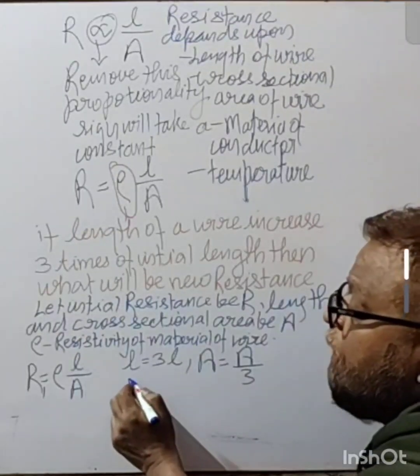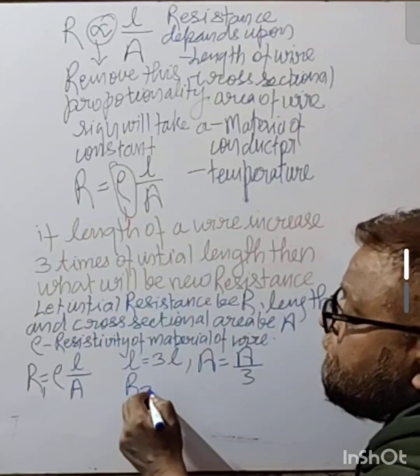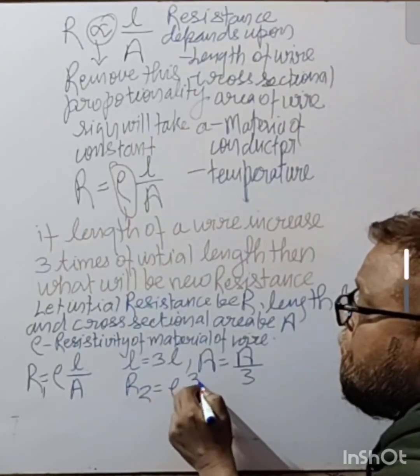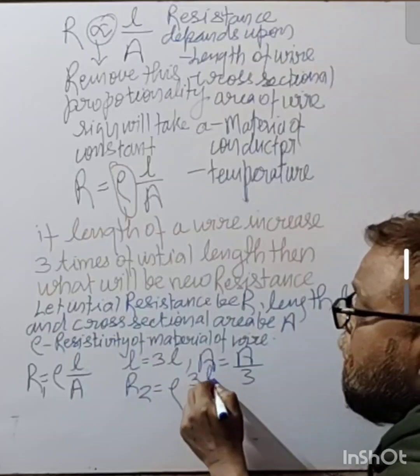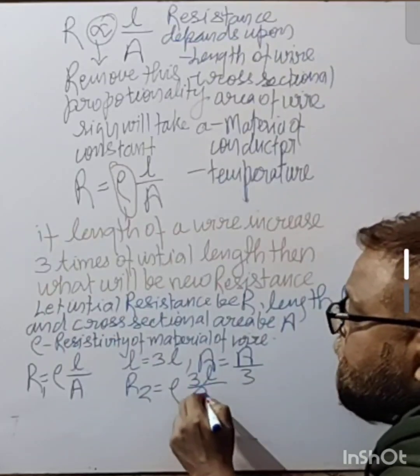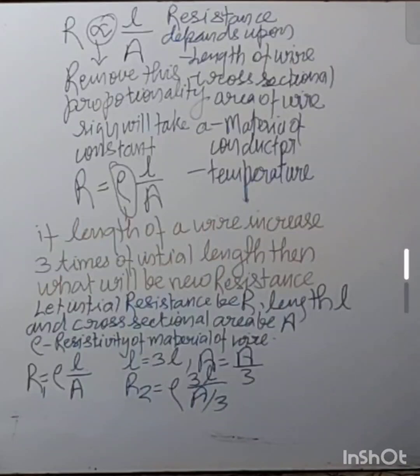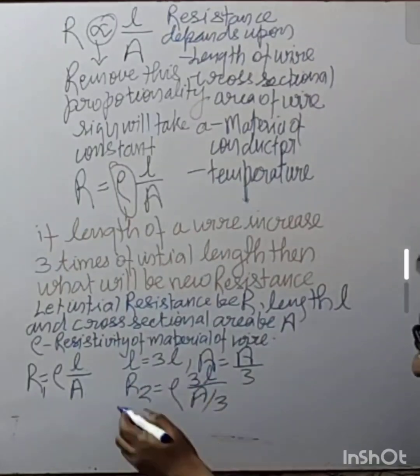Then we have R2 becomes rho 3L upon A by 3. Is this correct?